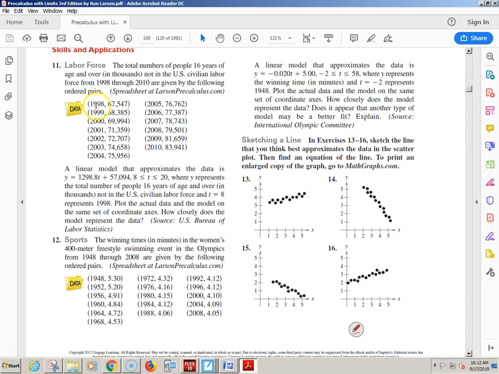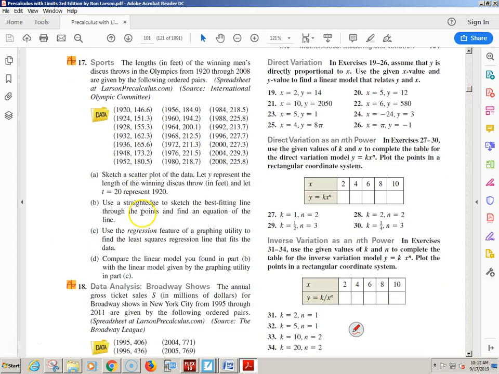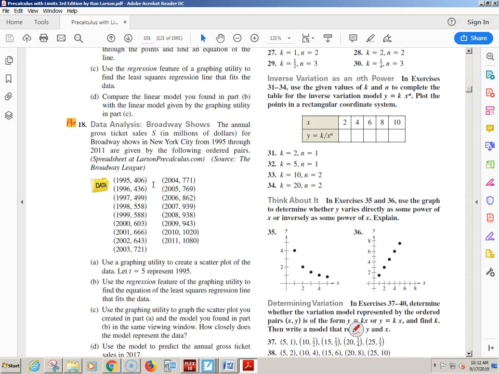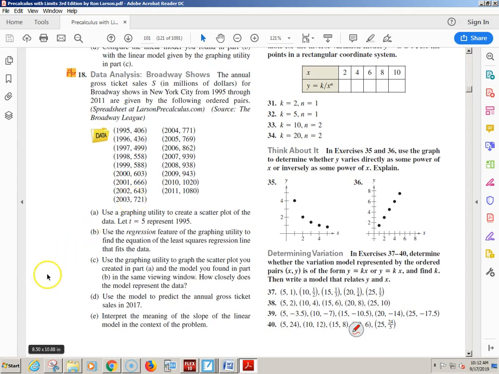I bet they're going to want us to use, like, 8 and 9 and 10, years from 1990. Or down here, they're not going to necessarily want us to use 1920, but maybe 20. Okay, good. All things we've talked about. Tables, yeah. Regressions, yeah. Graphing one on top of a scatter plot, yeah. Interpret the slope. Okay, calculator worksheet number 2.